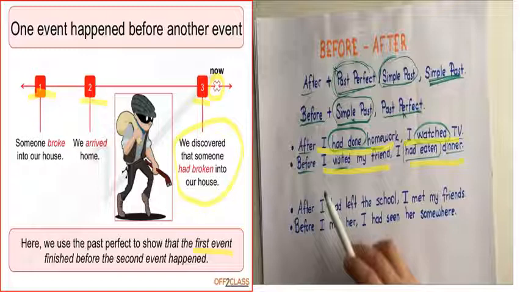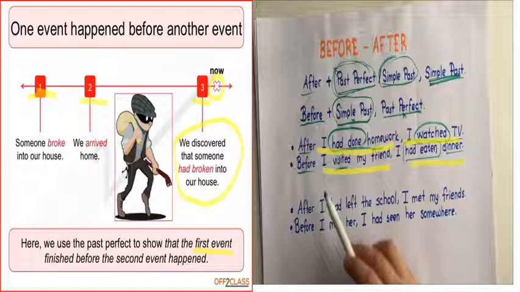And with these two words, you can use the simple past for both actions, or you can use the past perfect for the older one, of course, and the simple past for the other, which is the more recent one.